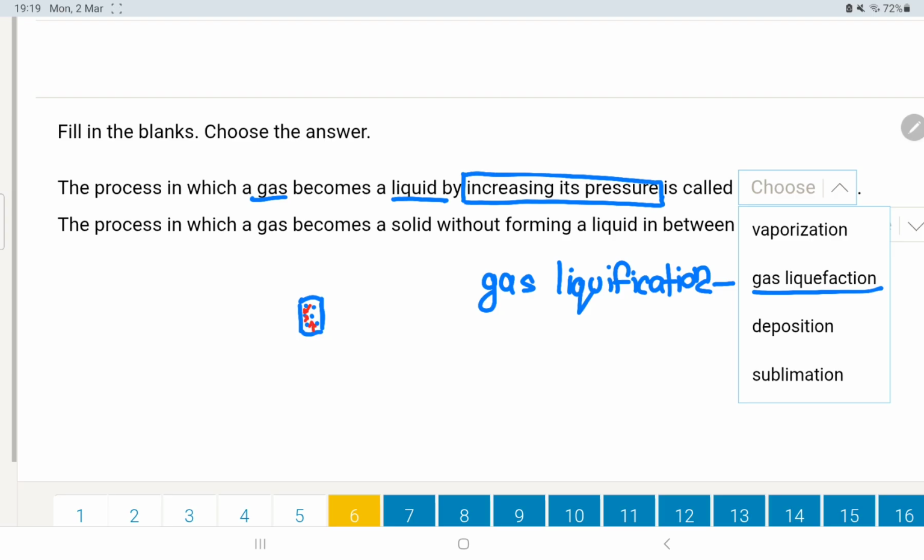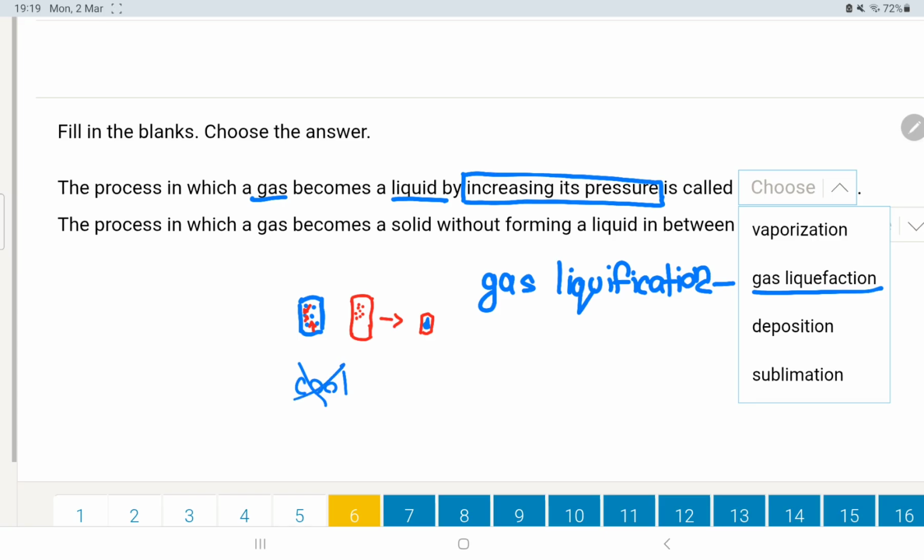Right? So eventually, these gas particles are going to keep getting closer to each other, closer and closer, until over time, when you increase the pressure, what are you gonna have inside? I'm gonna use blue for this. You're gonna have, oh my goodness, liquid water. Did you cool it? No, you didn't.